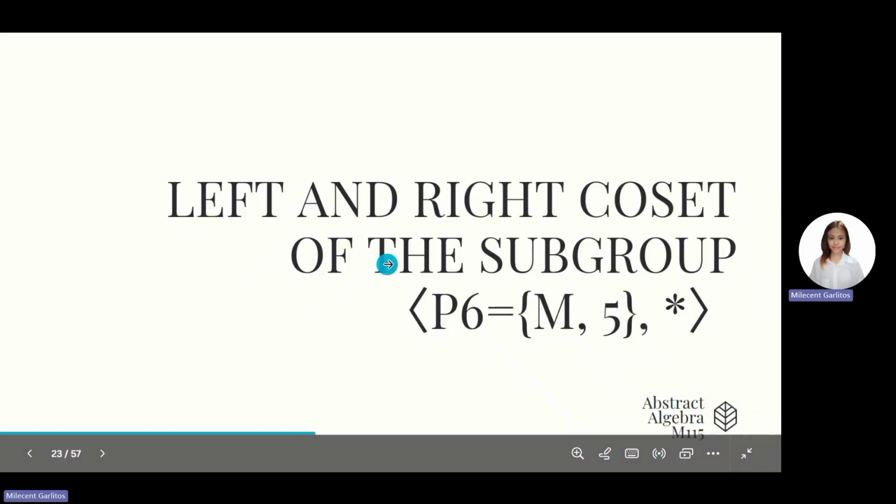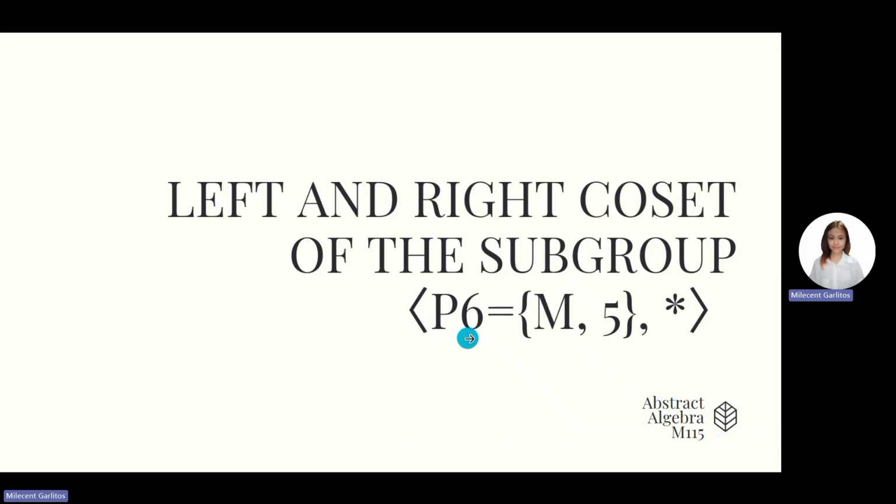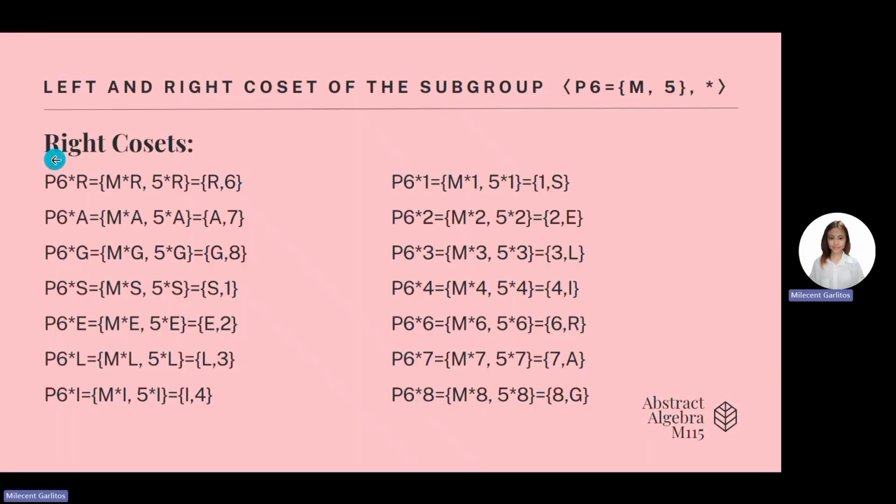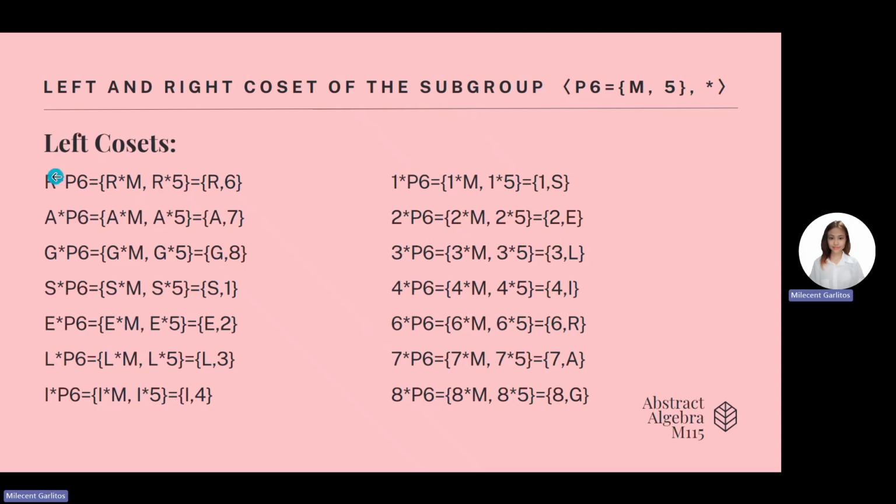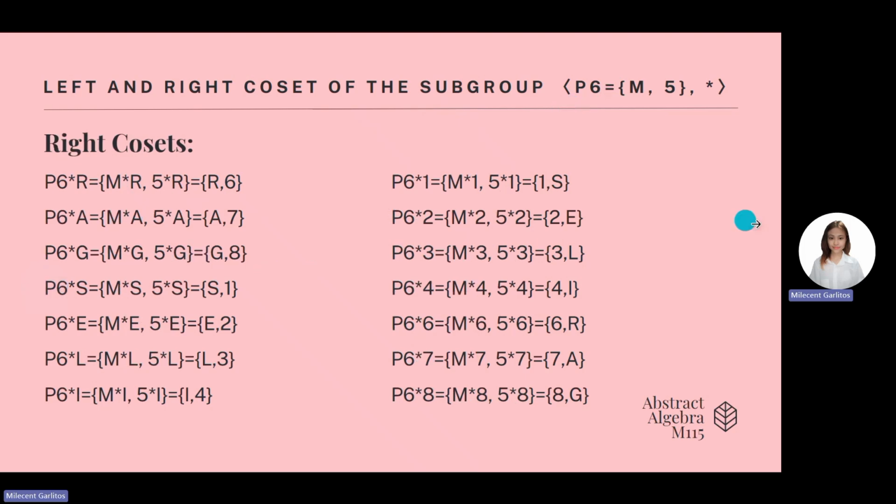Now, the left and right coset of the subgroup P sub 6, which is the set of M and 5 under binary operation star. So in here, we just perform the subgroup of P sub 6 to the right part of all the remaining elements. And same goes to the left coset. We just perform the subgroup of P sub 6 to the left part of the remaining elements of the pink aurora algebra.